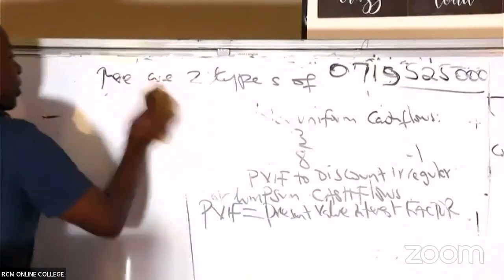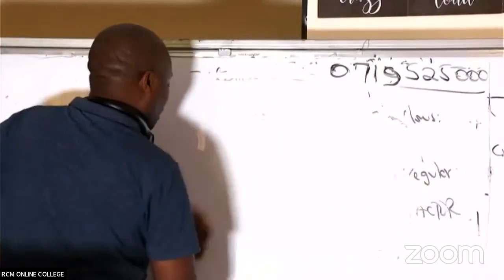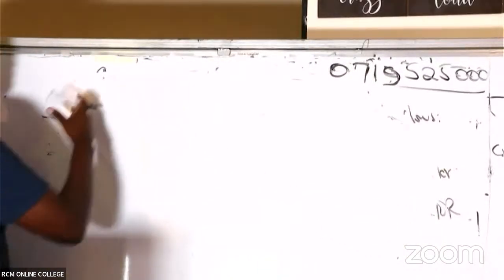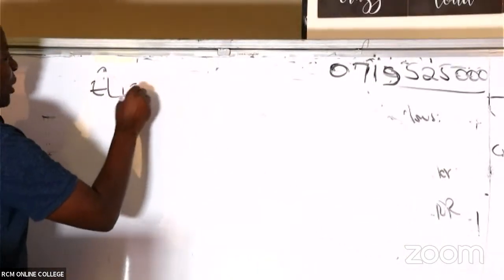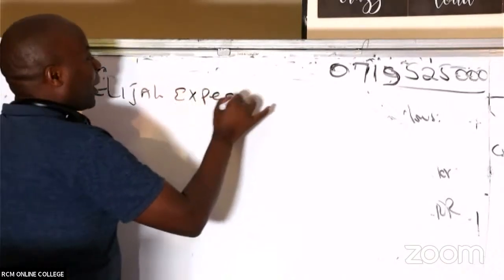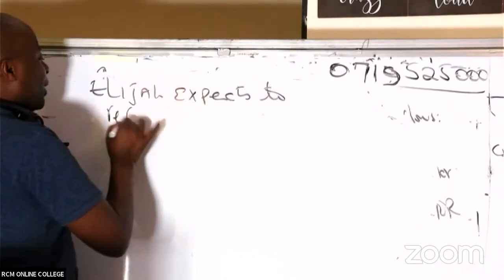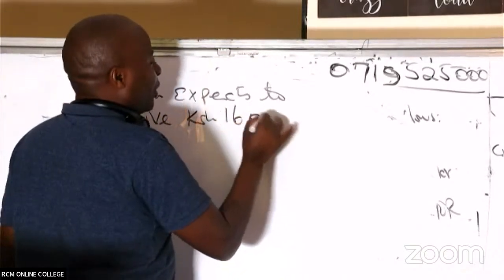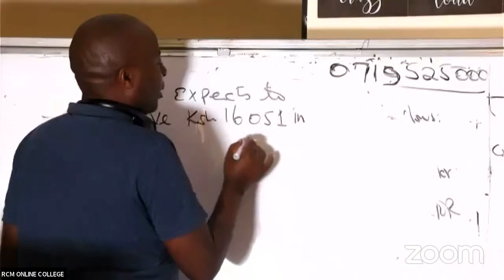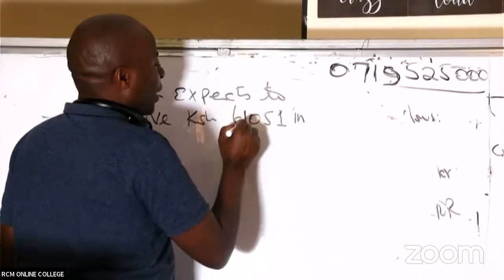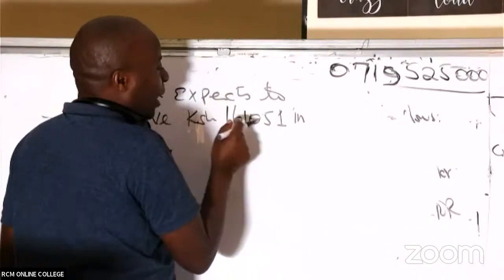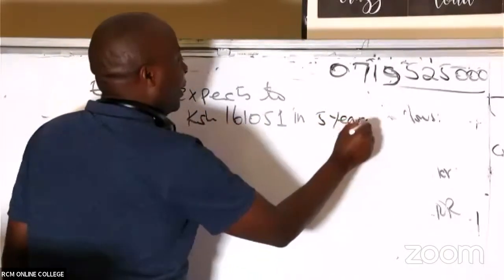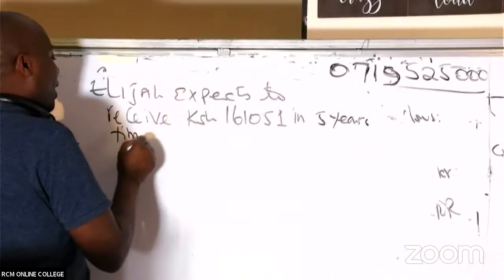Mr. Elijah expects to receive Kenya shillings 161,051 in 5 years' time.